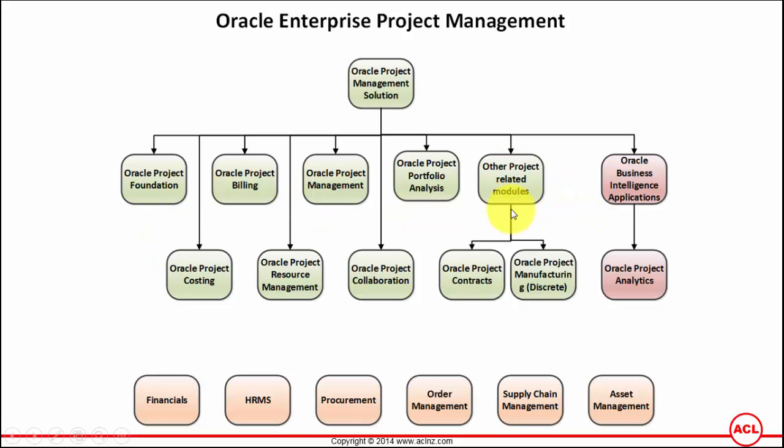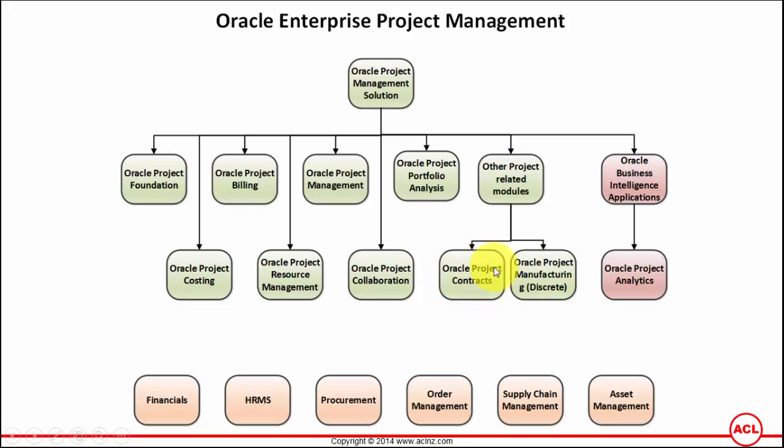Then there are a number of other project related modules such as Oracle Project Contracts and Oracle Project Manufacturing. If at all you've got manufacturing involved as a part of your project execution, then that project is managed in integration with Oracle Project Manufacturing, and it has got integration with a number of other Oracle modules which are manufacturing related, such as work in process or BOM and so on, or Oracle costing, like that.